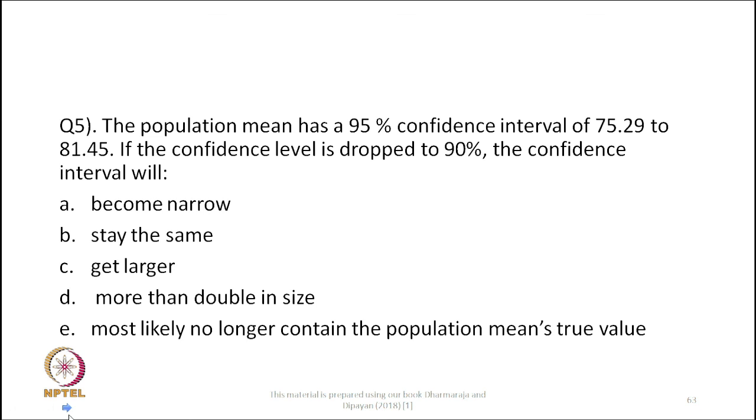When you reduce it to 90%, what will happen: will it become narrow, stay the same, get larger, become more than double in size, or most likely no longer contain the population mean's true value? The correct answer is that the interval becomes narrow when you reduce the percentage from 95 to 90.